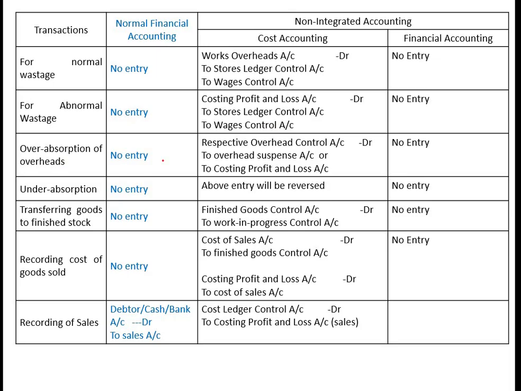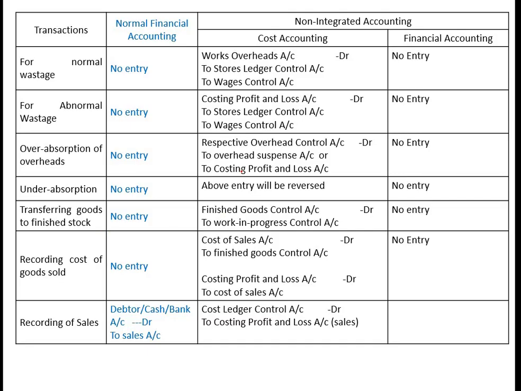Absorption of overheads, respective overhead control account debit to overhead suspense account. So a new account will be created here. In this question that we are going to discuss in today's lecture, we have created one overhead suspense account or costing profit and loss account. Then under absorption, above entry will be reversed, transferring goods to finished stock.